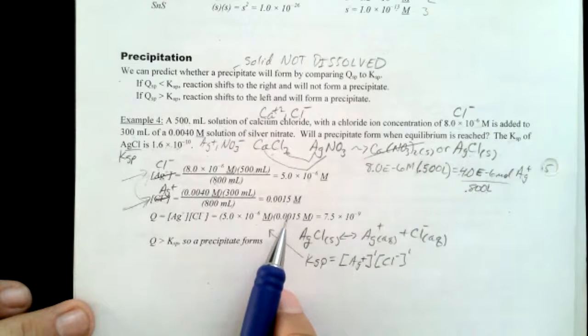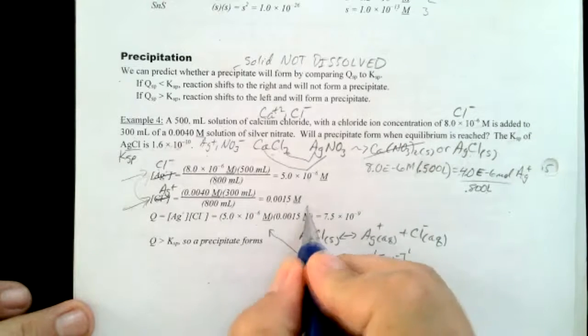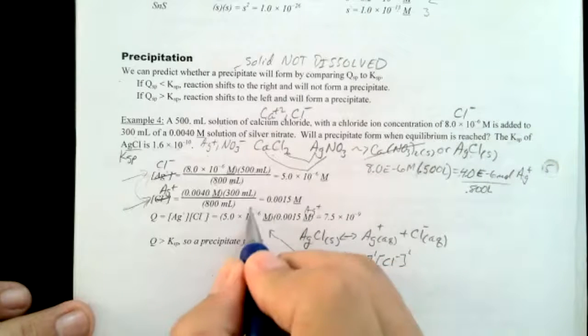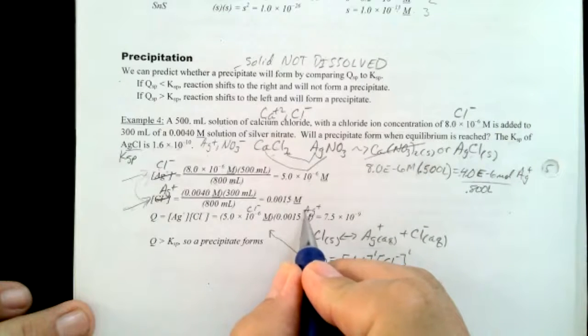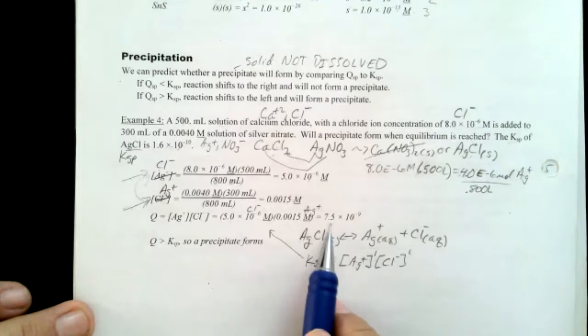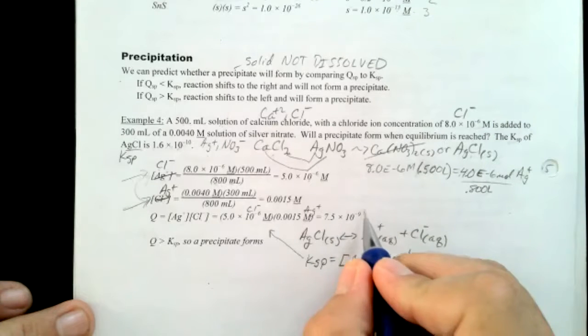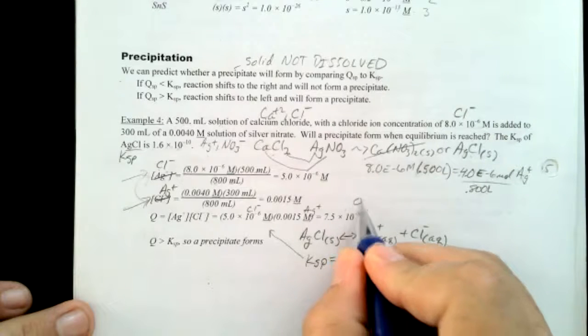So here's the Ag plus. Here's the Cl minus, and of course it doesn't matter which one goes first. We get Q. Remember, this is Q.